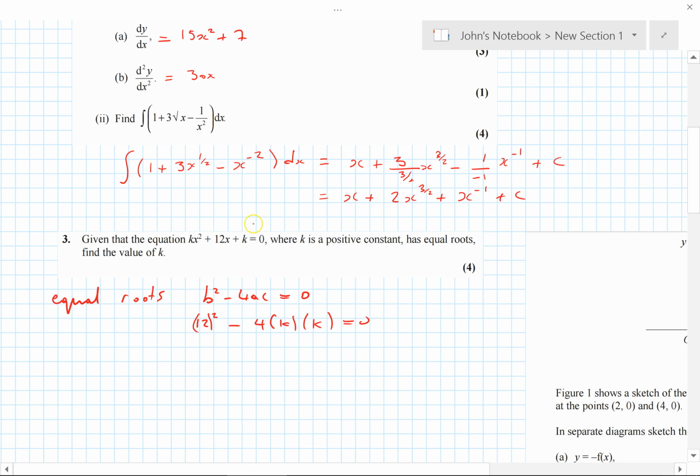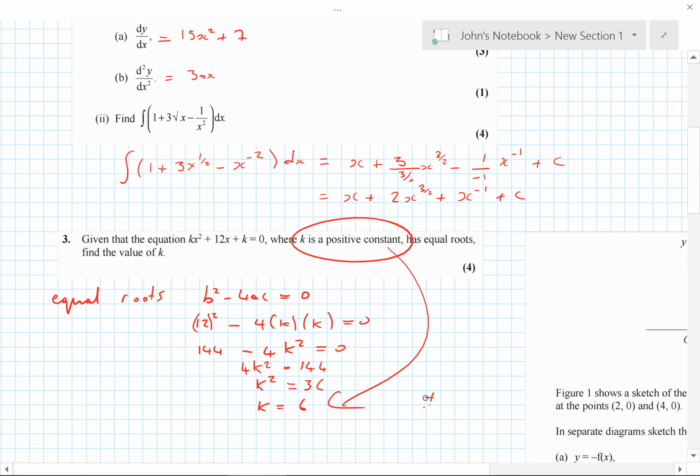So that gives me 144 minus 4k squared equals 0. So 4k squared equals 144. K squared, 144 divided by 4 is 36. It does say k is a positive constant, so k equals 6 because k is positive. Otherwise it would be plus or minus 6.